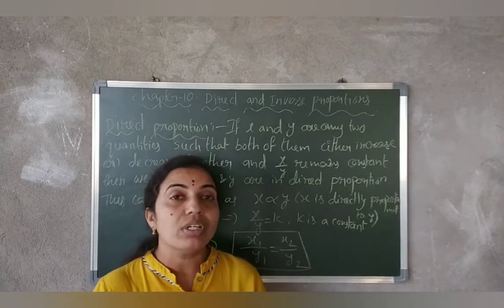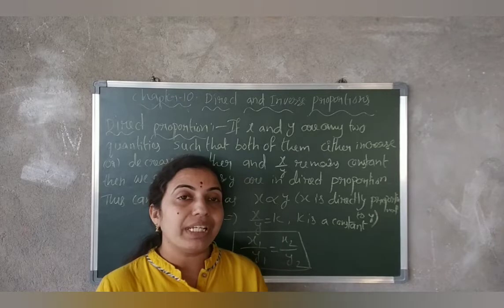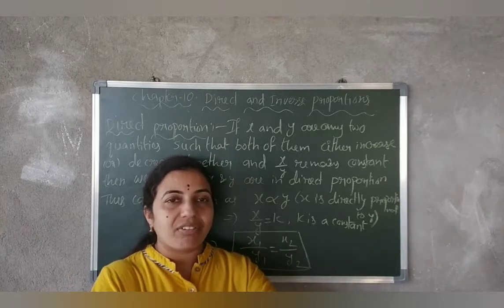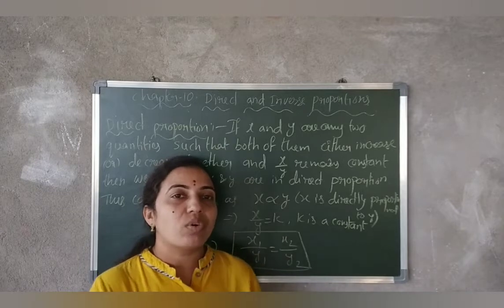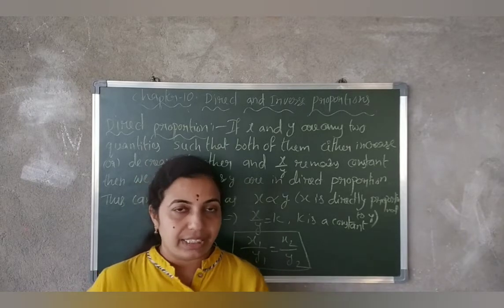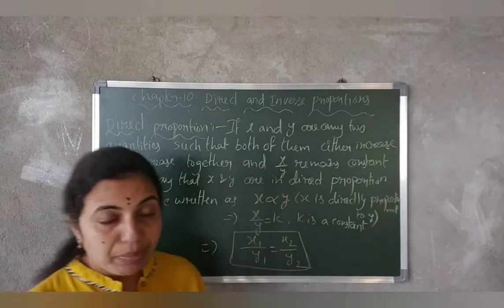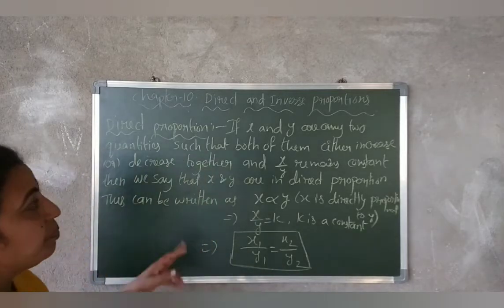And also the ratio must be the same. If x is one quantity and y is another quantity, then x by y must always be constant. Then only we can say they are in direct proportion. Mathematically, see the definition.